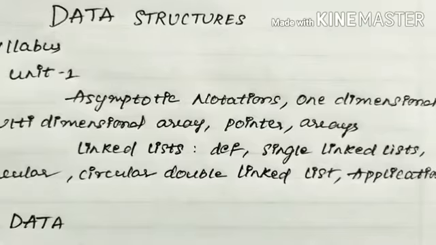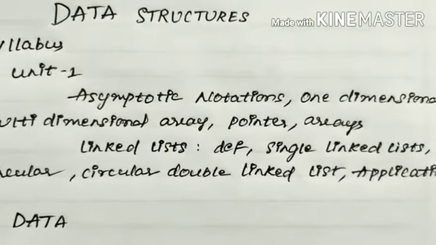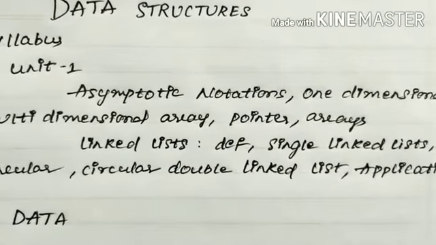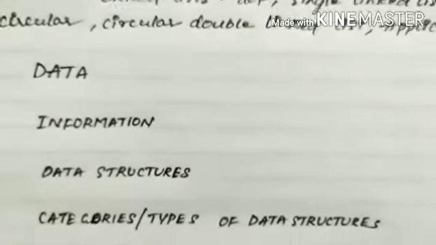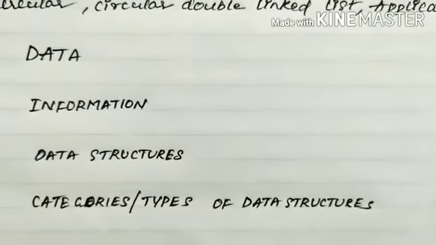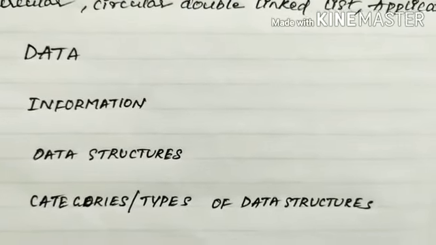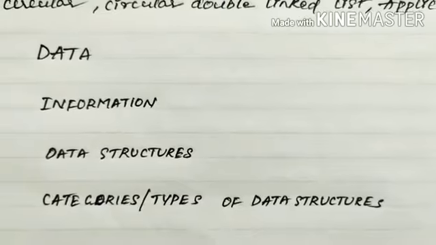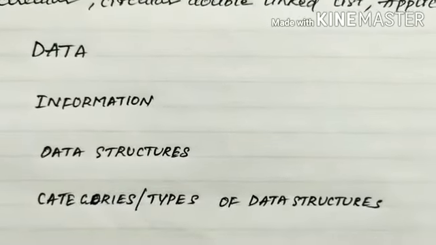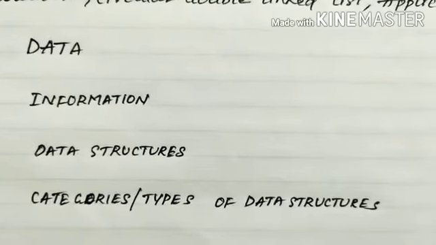But before getting into the topic, let us know the basic concepts of data structures, like the terminology we are going to use. First of all, we have to know what is data and what is information. What is data? Data is nothing but raw facts, raw data, or some real-world facts.